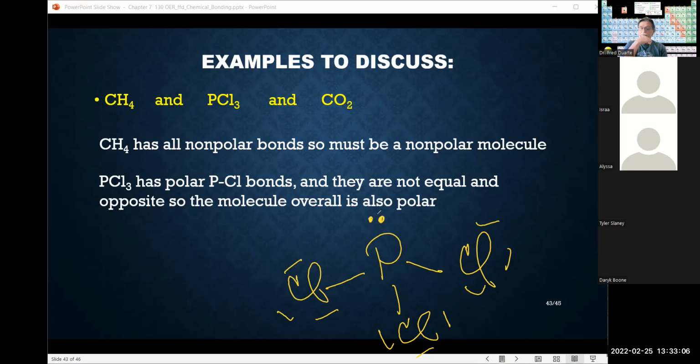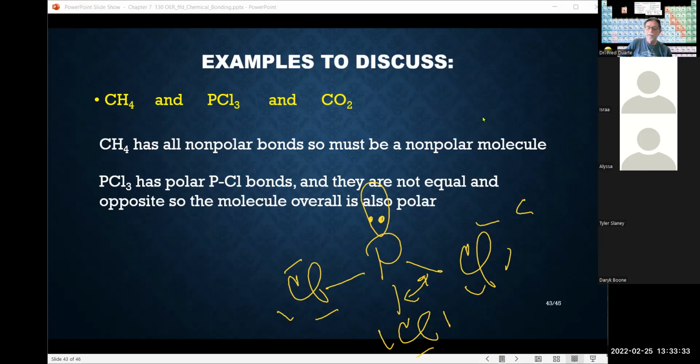The fact that you get a lone pair shows in this bond angle, which we would anticipate to be 109.5, but because there are lone pairs in here, we got less than 109.5. And these three polar bonds do not cancel out. Therefore, we end up with a polar molecule overall.